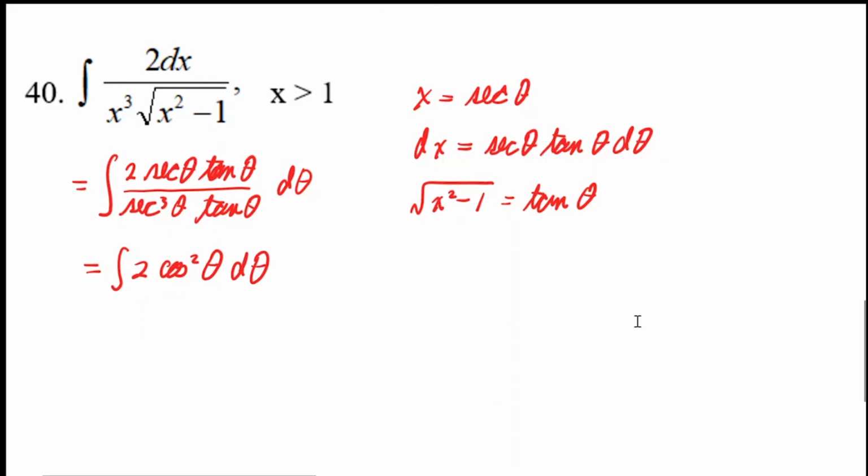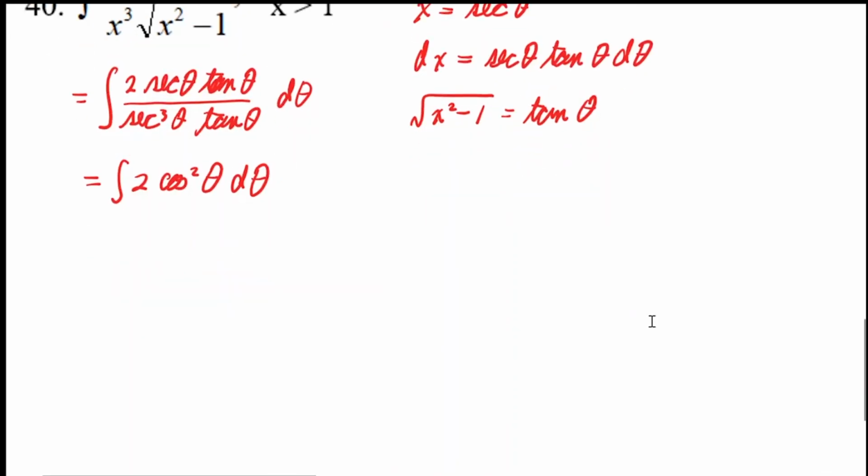Now we have done this one before, right? This cosine squared in the previous problem was 1 plus cosine 2 theta over 2. We'll cancel this too. And this problem was designed to be very nice. So we have 1 plus cosine 2 theta d theta. You get it? Say yes. Okay, now integrate.